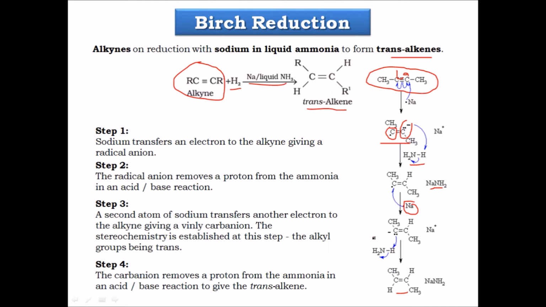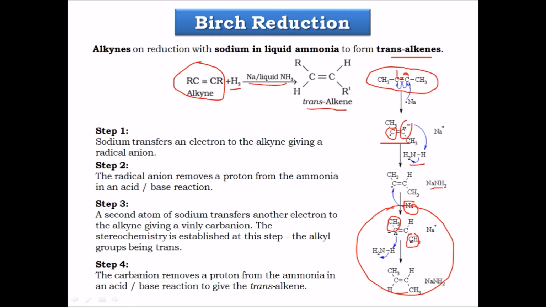And the exact reason why only the trans can be obtained can be taken from this step. As you can see in this step, we got 1 carbon with a negative charge, and this vinyl carbanion is more stable only when the 2 methyls on the 2 carbon atoms are far away, and it orients in such a way that they should be far away.